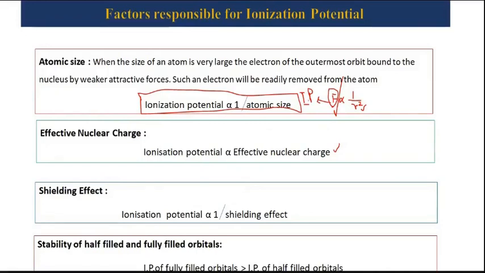So remember, effective nuclear charge and shielding effect are interrelated, क्योंकि बोलते भी हैं Z star is equal to Z minus sigma. सिग्मा क्या है? स्क्रीनिंग कांस्टेंट। Z क्या है? न्यूक्लियर चार्ज। इसके बारे में हम बात भी करेंगे, but we will discuss a little later. So shielding effect is having an inverse relation.